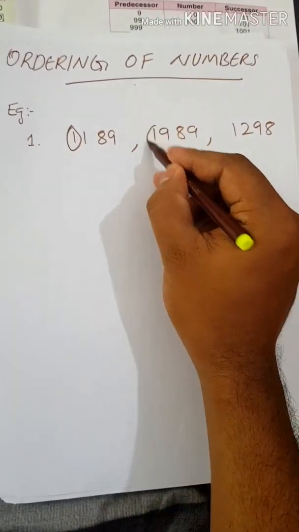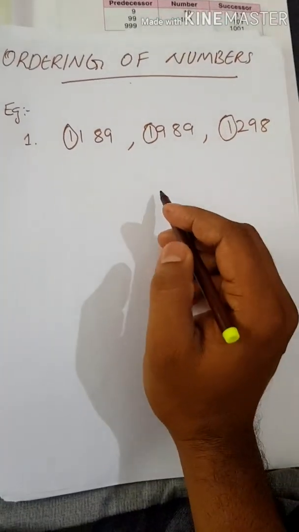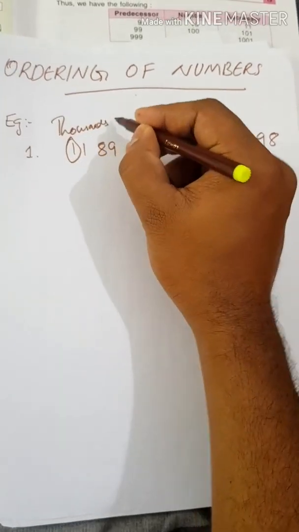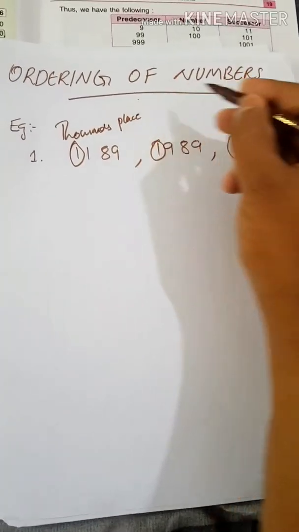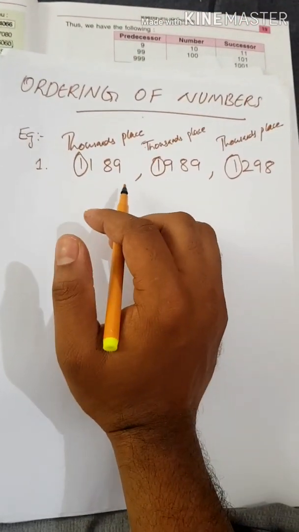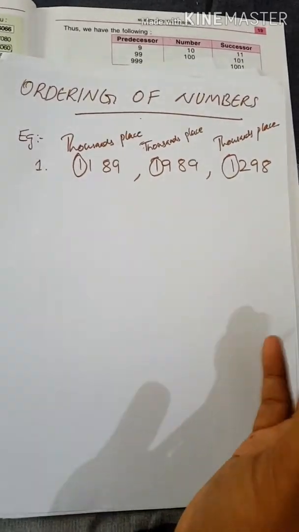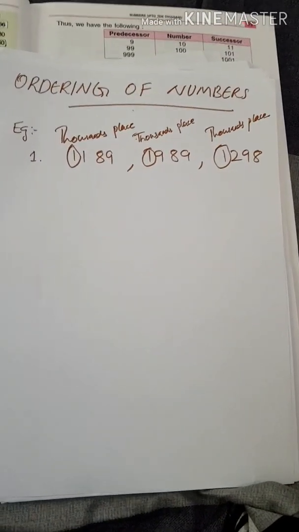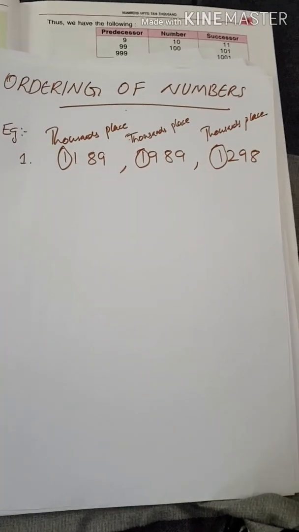See, 1. These are the thousands place. So we cannot order like this. So we move to the next place value. What is the next place value here? See, say together.